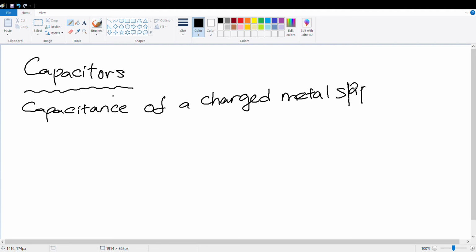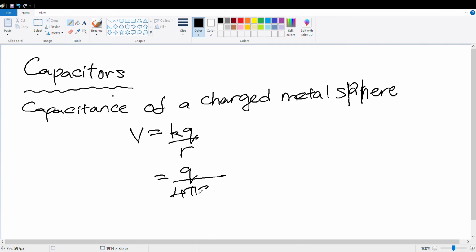So the capacitance of a charged metal sphere begins with, we know that the electric potential for a charged metal sphere is kq over r, which is Q over 4 pi epsilon naught r.